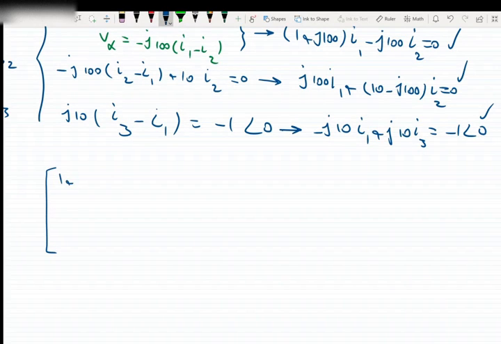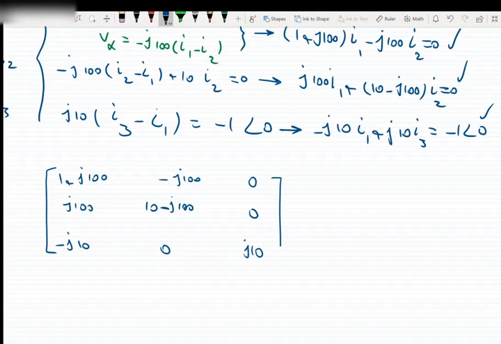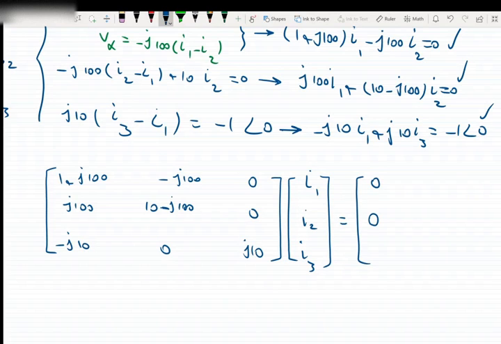So 1 plus J100, negative J100, 0; J100, 10 minus J100, 0; negative J10, 0, J10, times I1, I2, I3 is equal to 0, 0, negative 1 with the angle of 0.